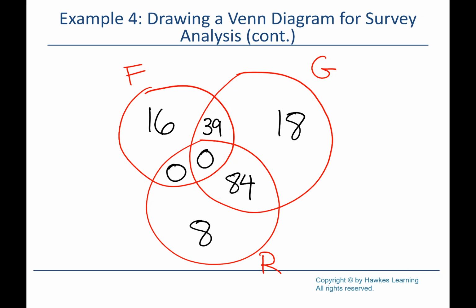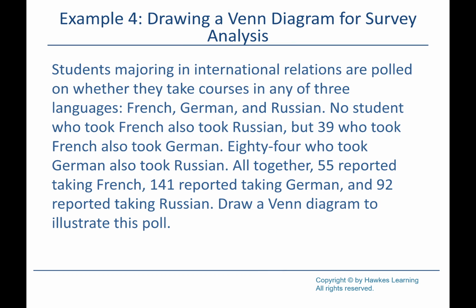And then we've got the most annoying part. Do we? We might get away with it on this one. This one doesn't make us do it, but sometimes you have one more step, because if it tells you the total number of people in the survey, what do you have to do?